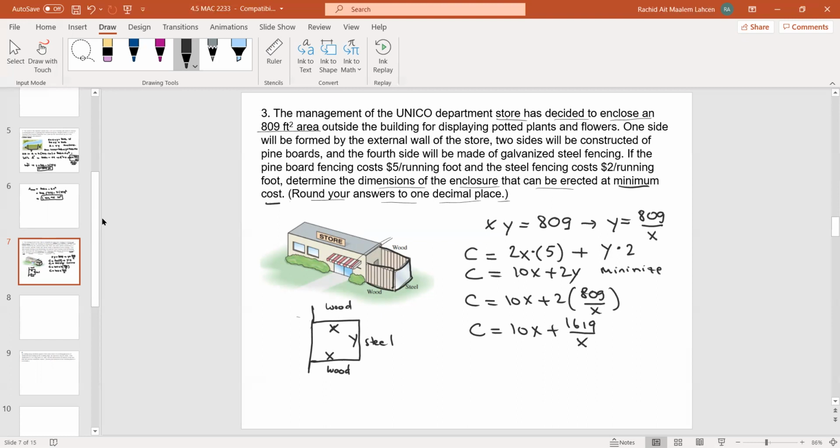So next is the derivative, so it's 10. Then you can do the quotient rule or reciprocal rule, and you get 1618 over X squared.